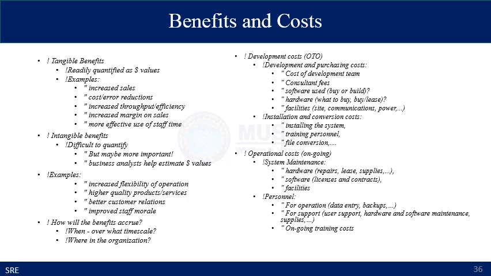You have to identify benefits and costs in terms of tangible benefits, intangible benefits, and cost in terms of development cost and operational cost. Tangible benefits are relatively readily quantified as dollar values.